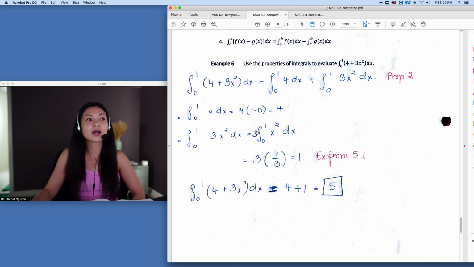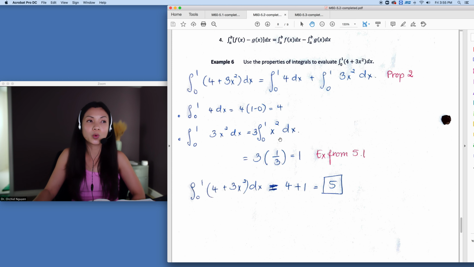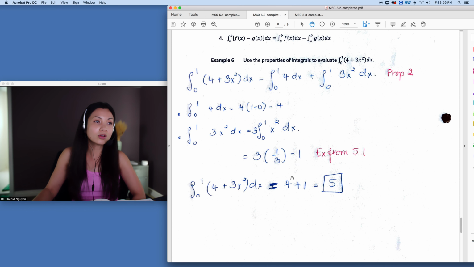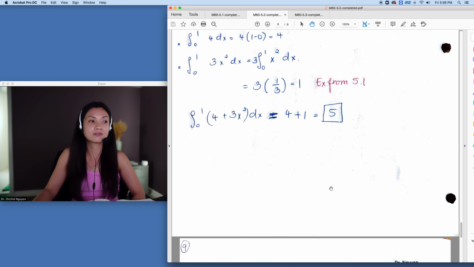For 3x squared, I can take out the 3. The integral of x squared from 0 to 1, we did it in example from 5.1, we know the result is going to be 1/3. So 3 times 1/3 is just 1. So altogether, I get 5. 4 plus 1 is 5.